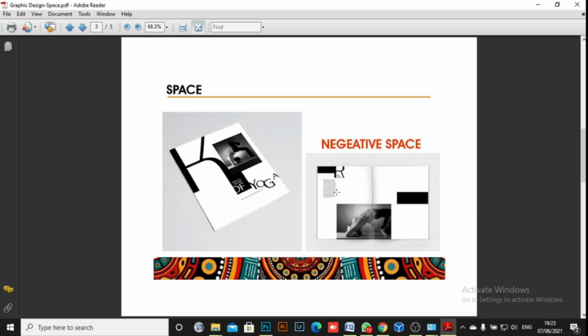It gives the eyes rest, rather than having everywhere filled with elements. The eyes get tired, and the reader probably loses interest in the long run. So please try as much as possible to always give room or space in your project. I hope you get that.